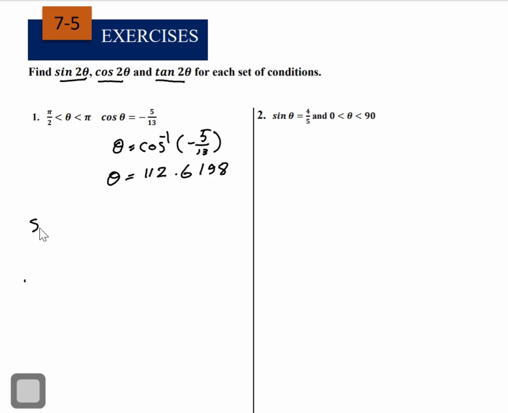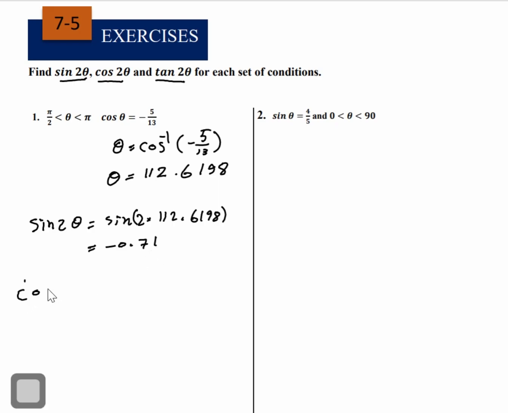For finding sine 2 theta, it will be sine of 2 multiplied by 112.6198, which by calculator equals negative 0.71.